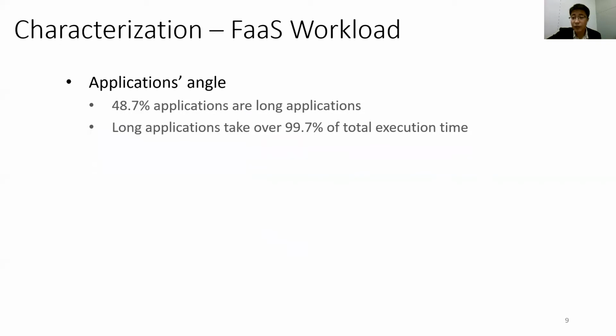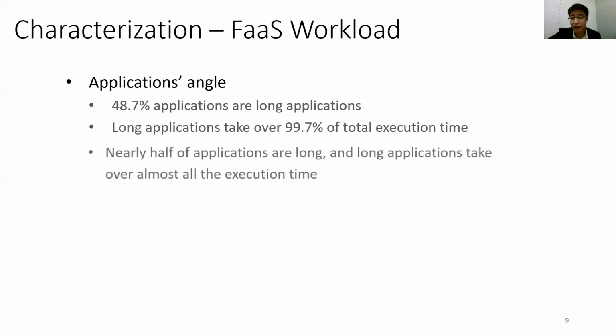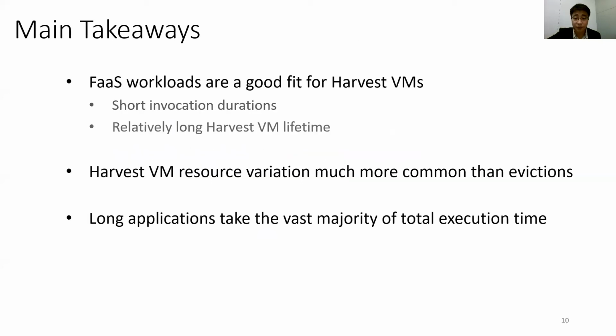If you look at the trace from the application's angle, the trends are exacerbated. 48.7% of the applications are long applications, and these long applications take over 99.7% of total execution time. In the end, the intuition is that nearly half of the applications are long, and these long applications take over almost all the execution time, or in other words, computation power.